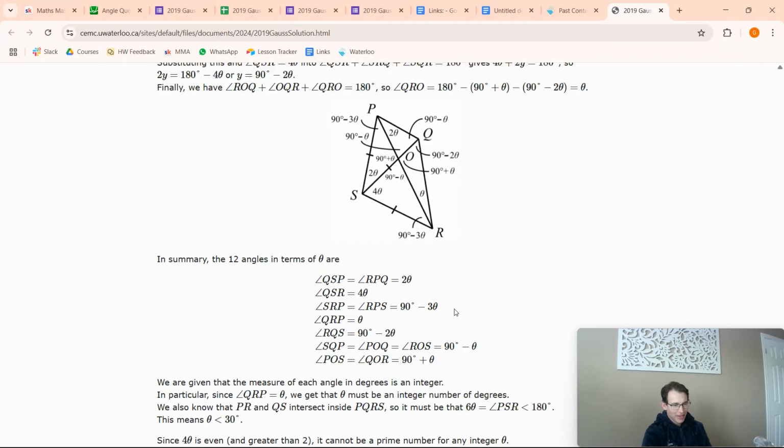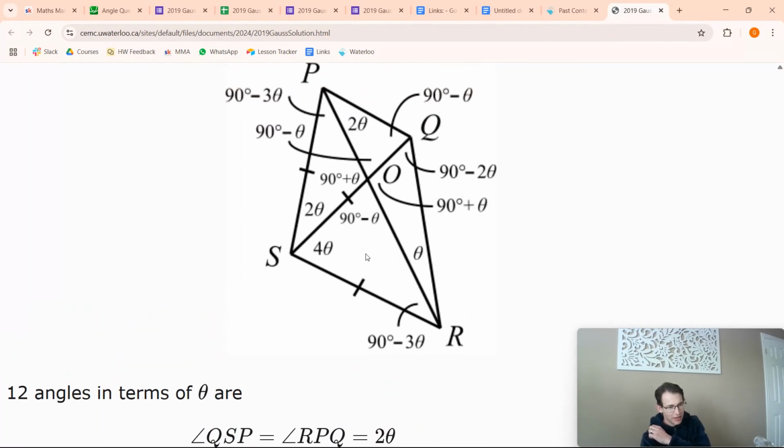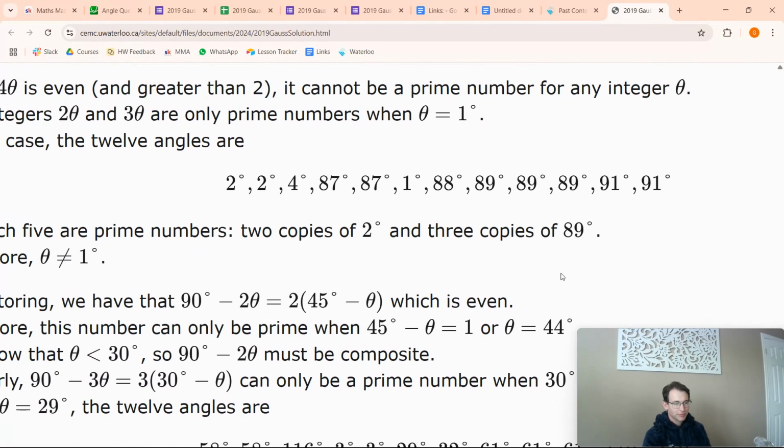They worked it all out here. They used theta. They also used 4 theta and 2 theta instead of 4x and 2x, like it's the same, right? And I have all the same angles solved in terms of each other. So their road to a solution is probably pretty darn similar.